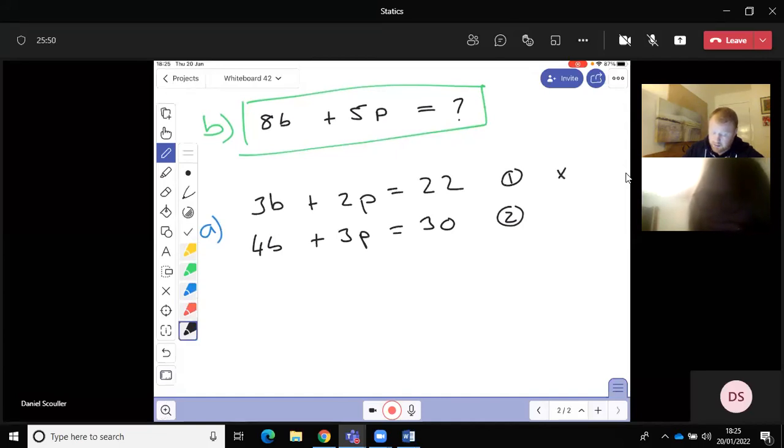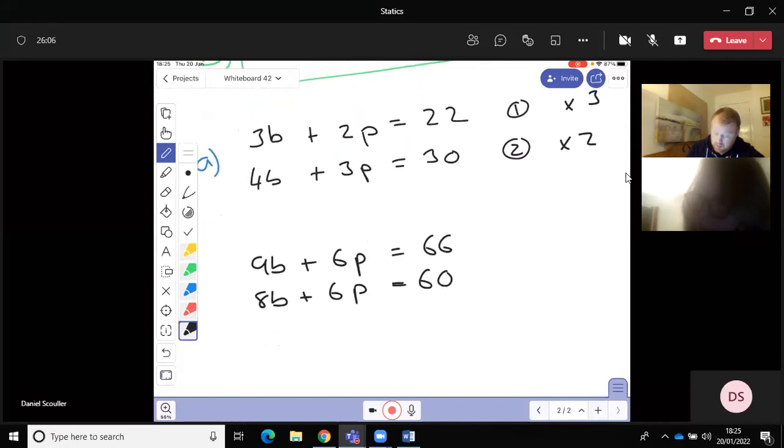So multiply that by 3, multiply that by 2. That'd be 9b plus 6p equals 66, and 8b plus 6p equals 60. Minus that, that would give me 1b, that would cancel that out, and that would leave b as 6.